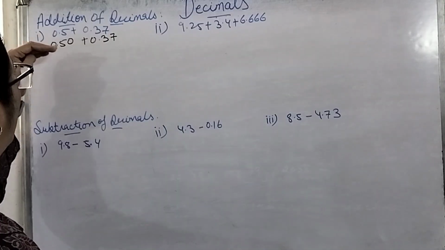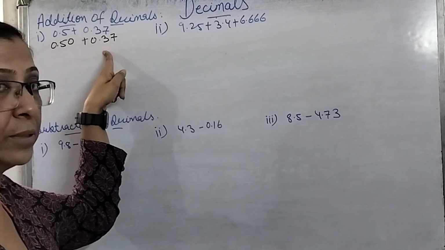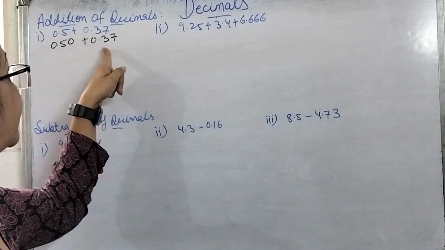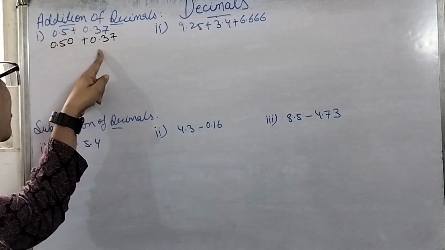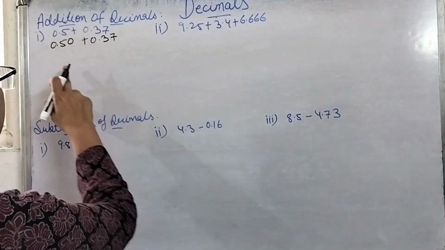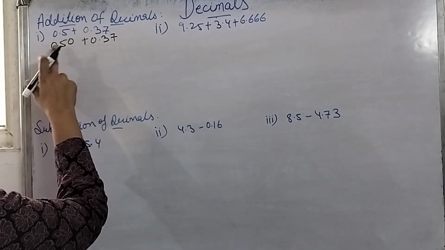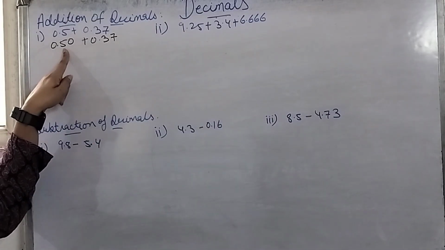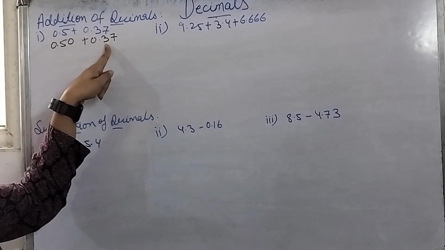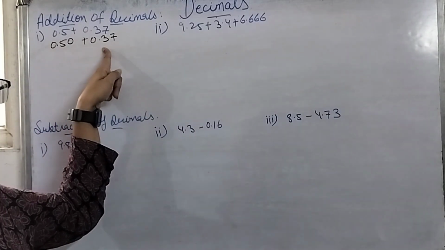Now we will keep one number over the other such that the decimals of both numbers are in a vertical line, and all the digits with the same place value are one over the other. This 0 is at the units place, this is also at the units place. So 0 will come over 0. This 5 is at the tenths place, this 3 is also at the tenths place. So these two numbers will be one over the other.